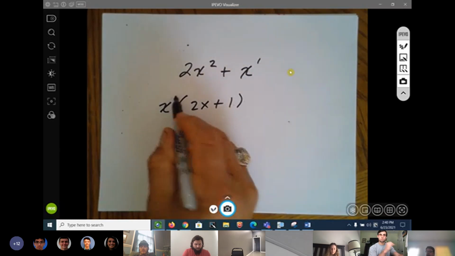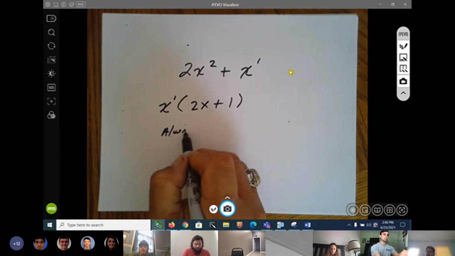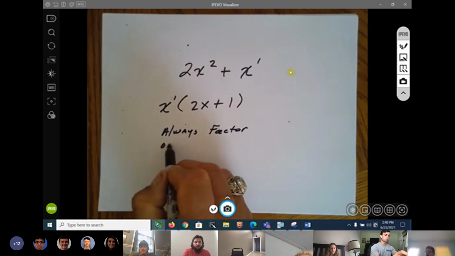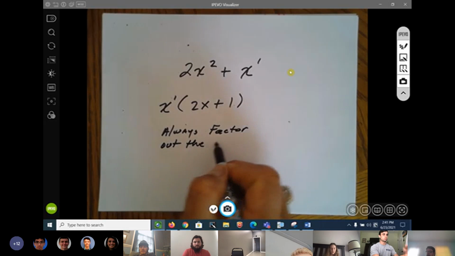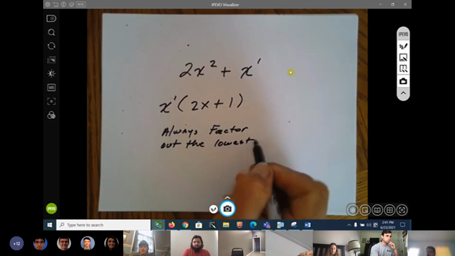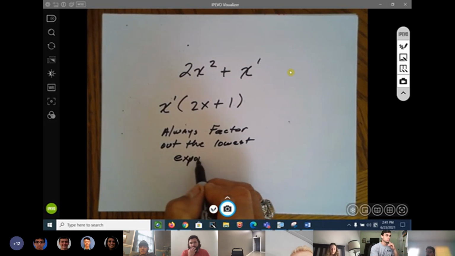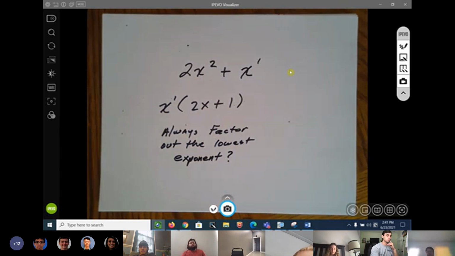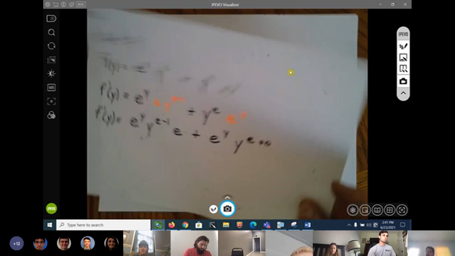So would you say that you always factor out the lowest exponent? When you factor out an exponent, do you always go with the lowest degree exponent? Yes. You do. Thank you. So make sure you factor out the lowest exponent.